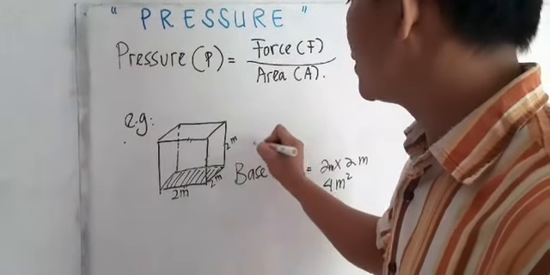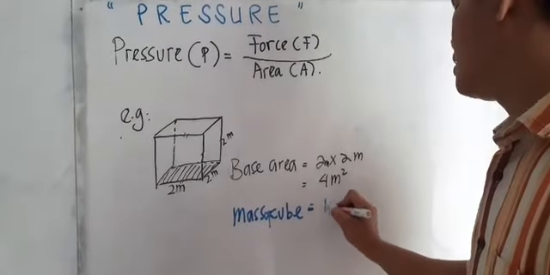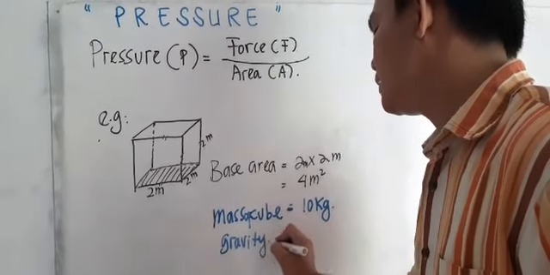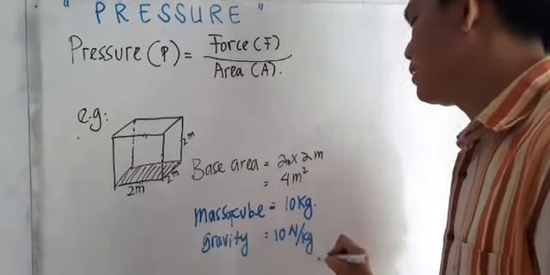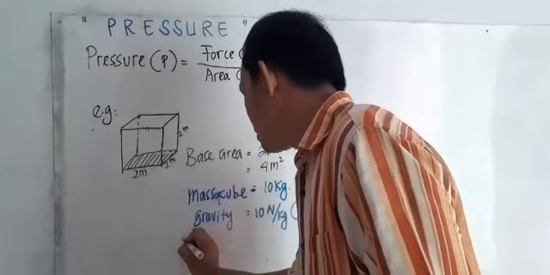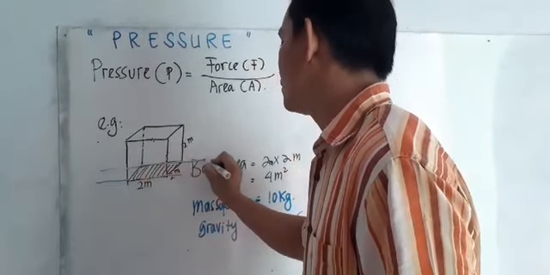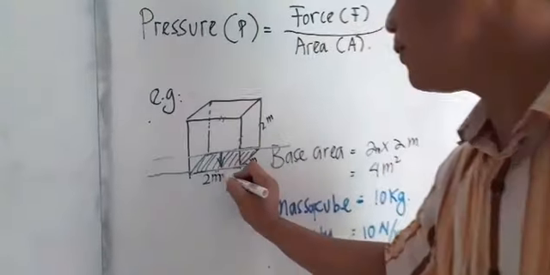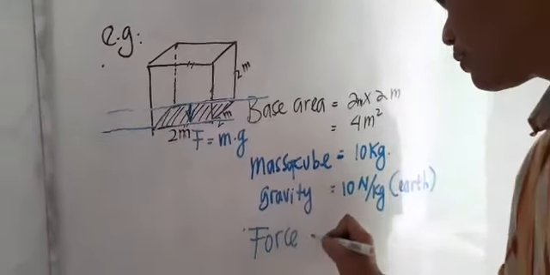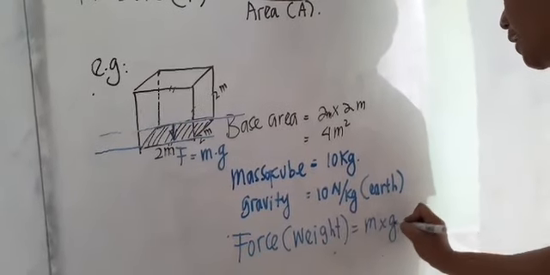If I tell you that the mass of the cube is, for example, 10 kilograms, and the gravity is 10 Newton per kilogram, on the Earth, then the force that is exerted by the object on the land, which in this case is the weight of the object, is equal to mass times gravity.